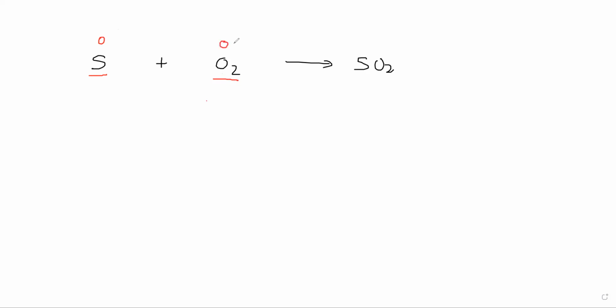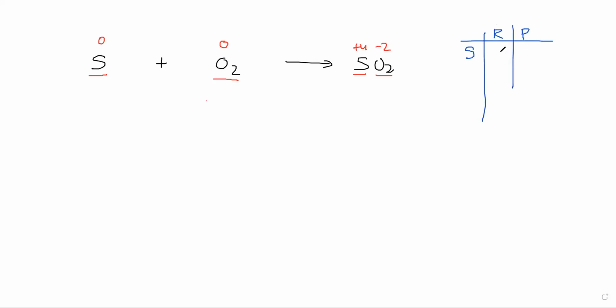Zero again. What about sulfur in the product? It is +4, and oxygen is -2. So now we'll see the oxidation number of sulfur in the reactant and in the product.